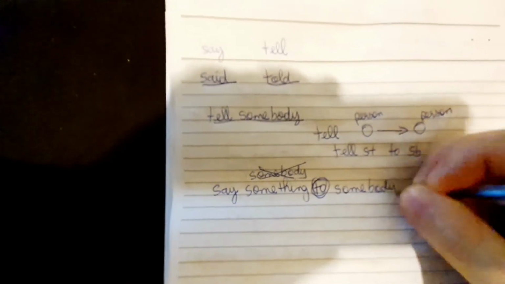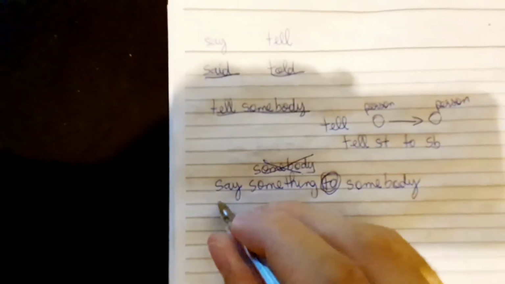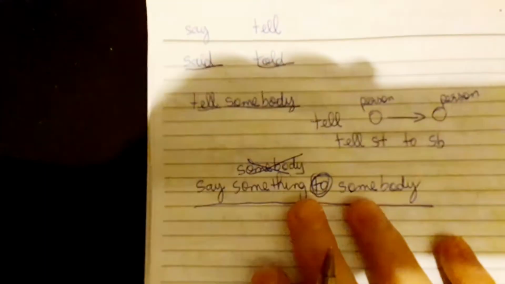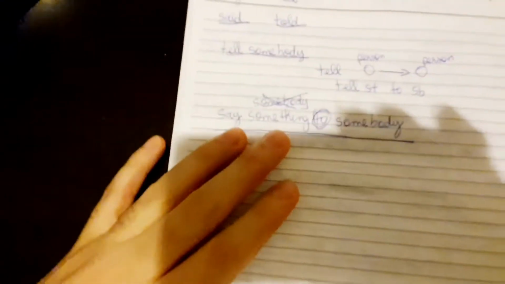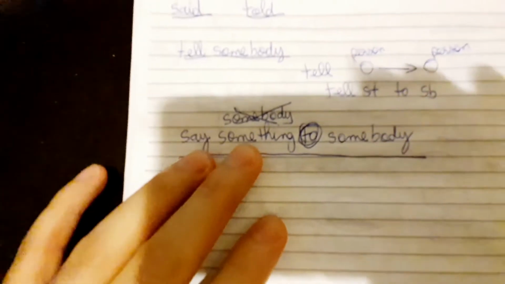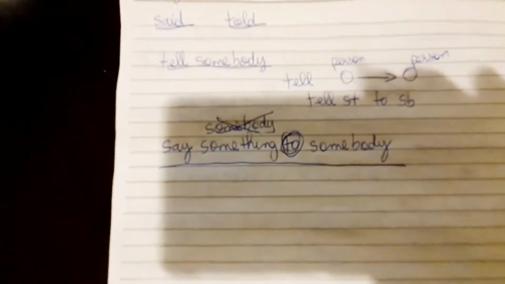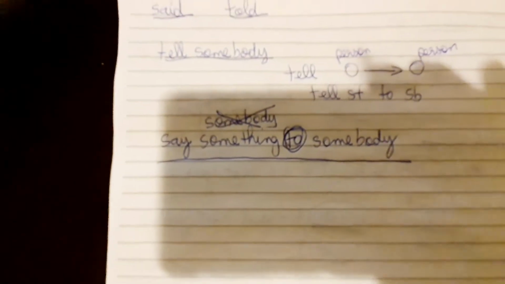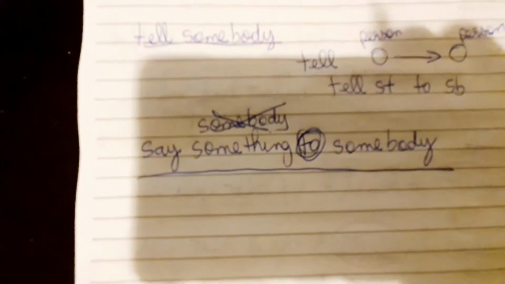It's possible to use something and somebody with the verb say, but the structure of what comes first and what comes next is right here. First, you say something, you describe what you want to say, you use the preposition to, and then you write or tell who you say something to, okay?